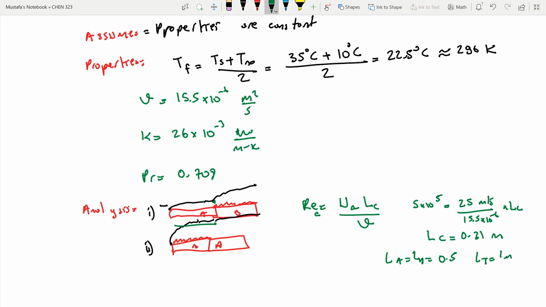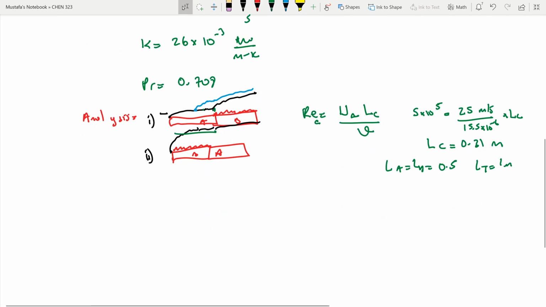That means this picture should be changed. The transition happens at 0.3 and then continues with the turbulent flow. So it doesn't stay laminar up to plate B. That is the main message from here. Now we have a situation where we start with laminar flow. Let me redraw this.